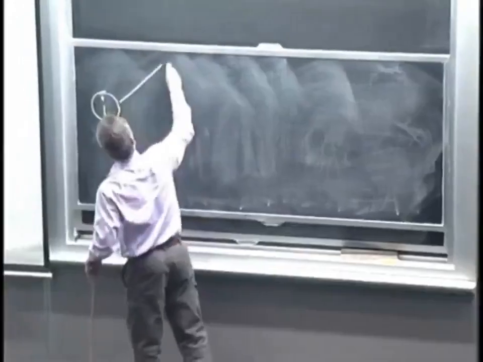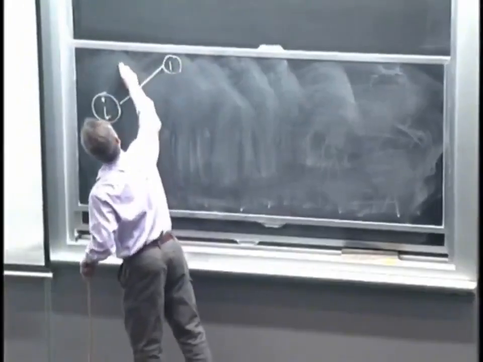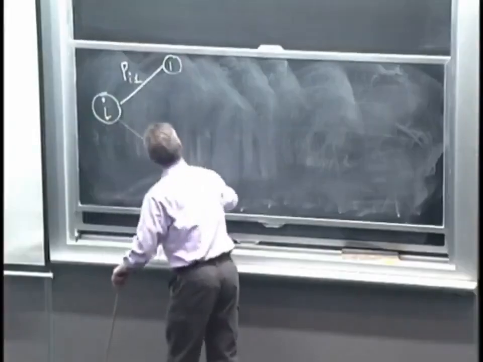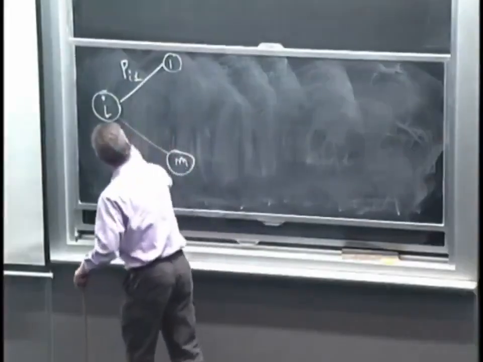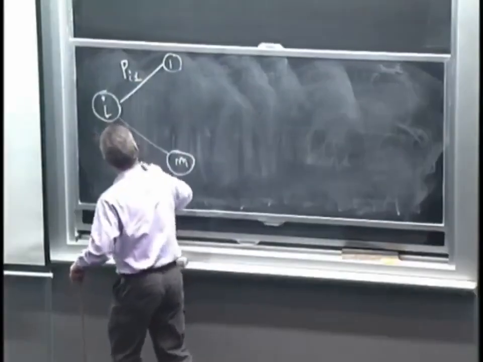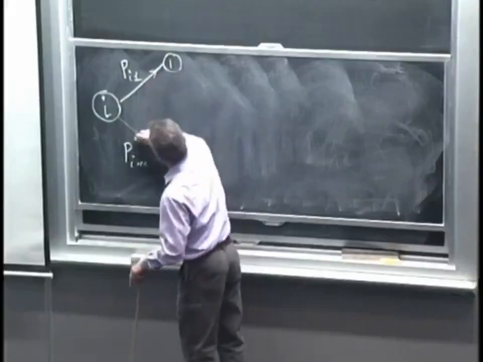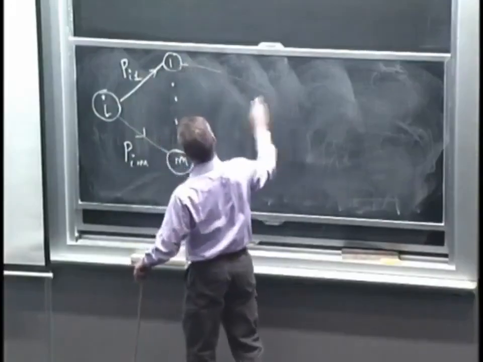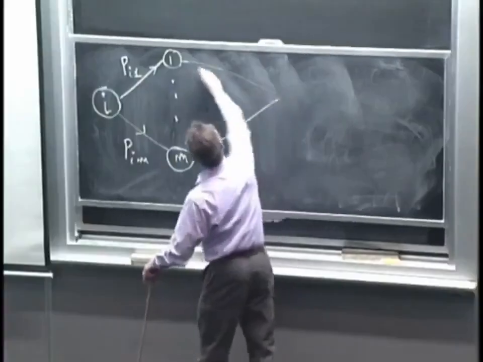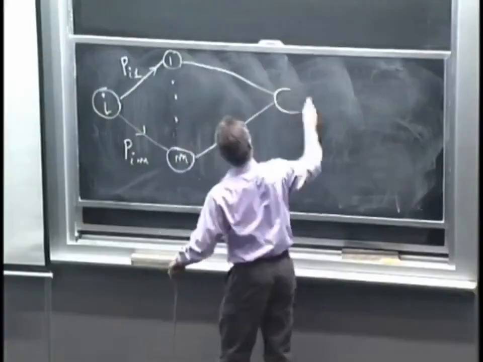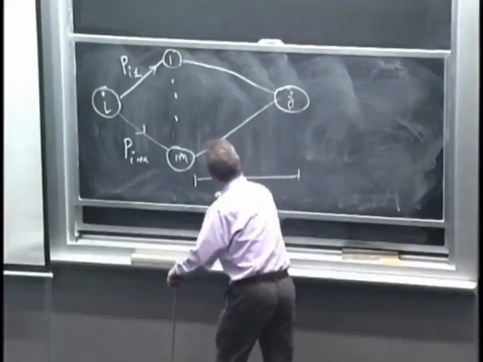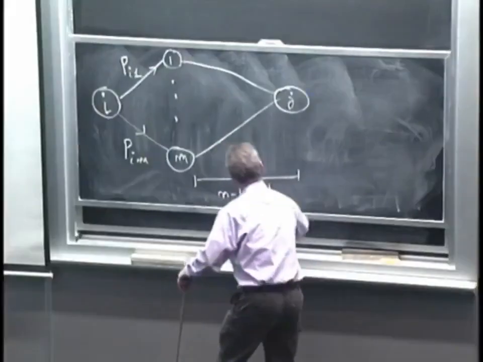After one time step, you'll find yourself at state 1 with probability p_i1, and you'll find yourself at state m with probability p_im. And once that happens, then you're going to follow some trajectories, and there is a possibility that you're going to end up at state j after n-1 time steps.